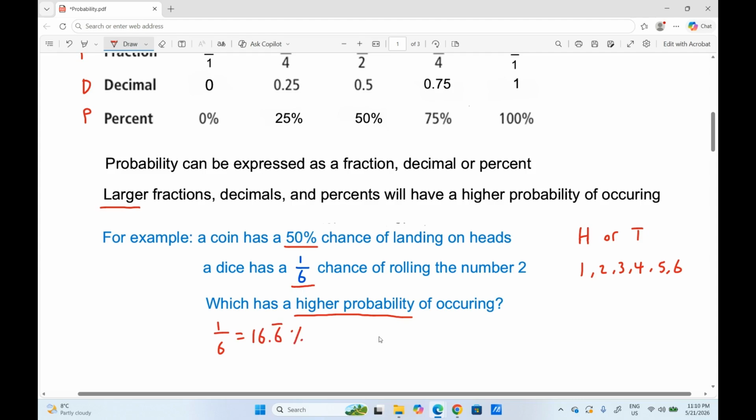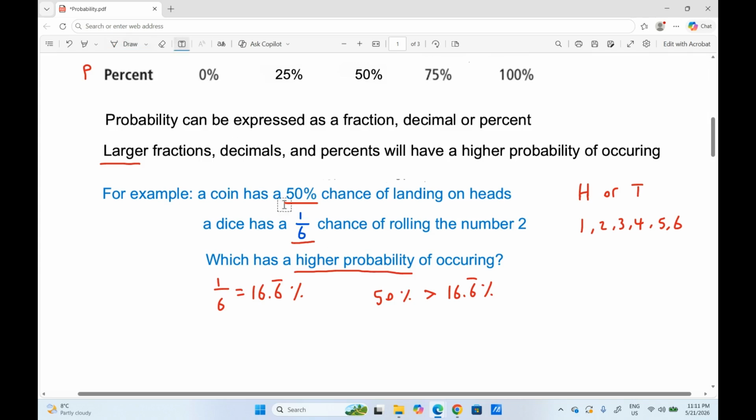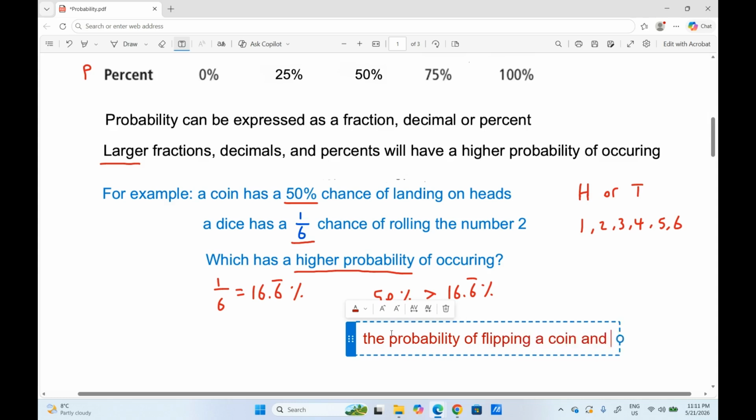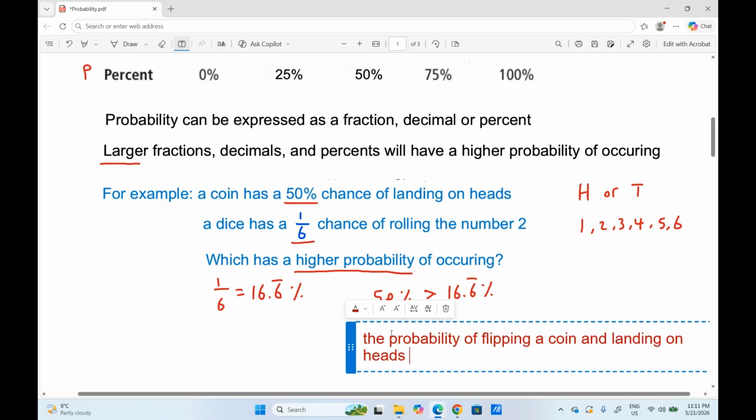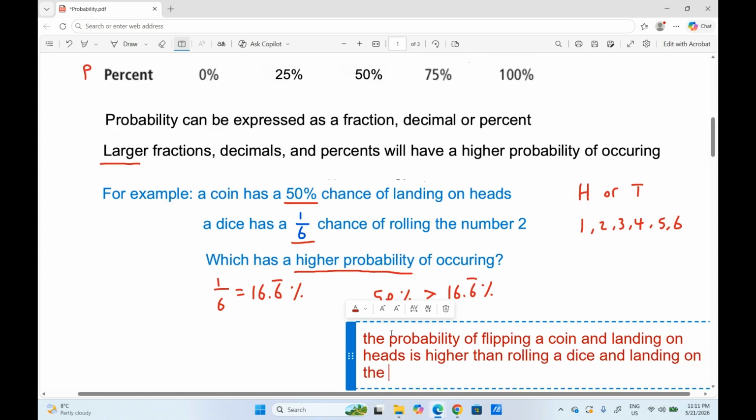So since 50% is higher than 16.6 repeating percent, I can say the probability of flipping a coin and landing on heads is higher than rolling a dice and landing on the number 2.